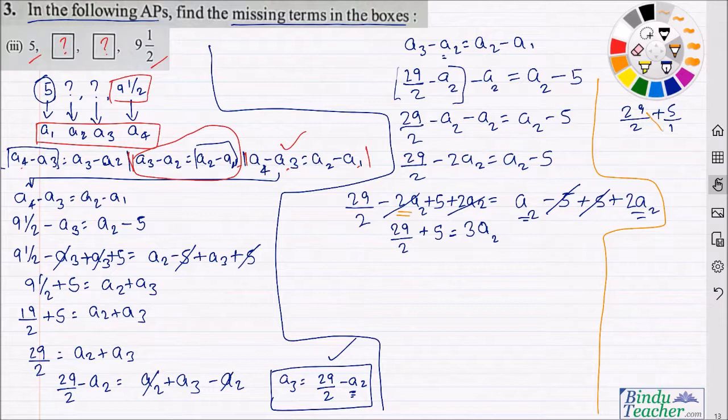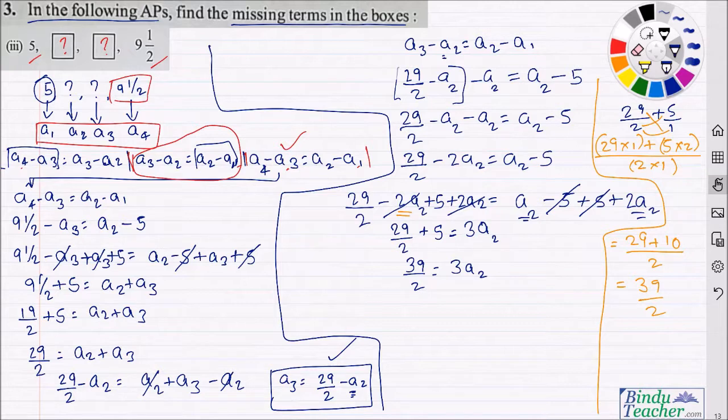So cross multiply: 29 into 1, plus 5 into 2, divided by denominator into denominator, which is 2 into 1, which equals 29 plus 10 divided by 2, which equals 39 by 2. So 29 by 2 plus 5 gives us 39 by 2. So 39 by 2 equals 3A2.